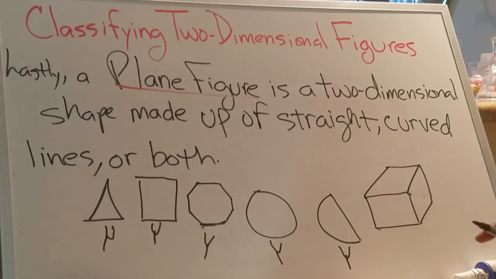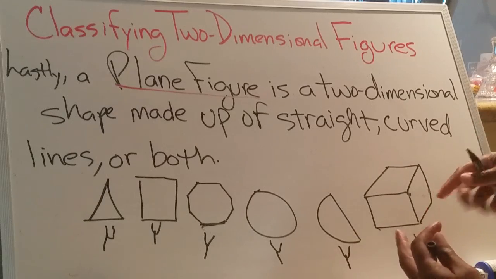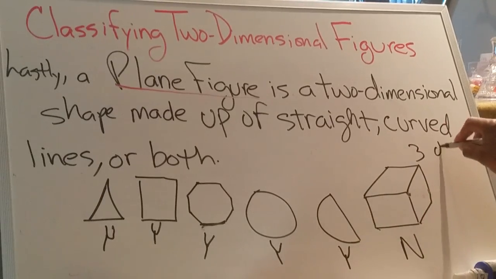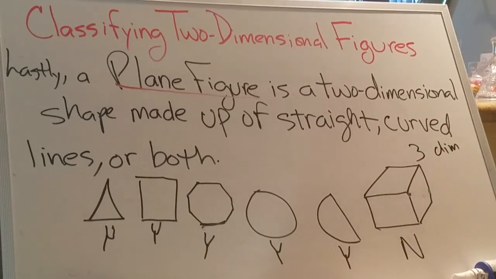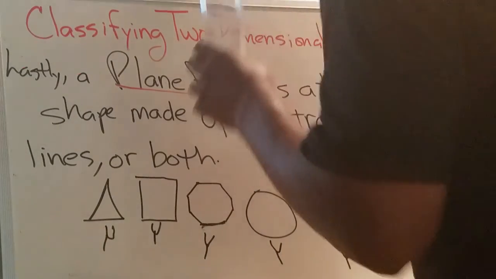Yell it out, is a cube a plane figure? No, it is not, because this is a three-dimensional figure. It's three-dimensional. And that being the case, that means it can hold something inside. And that's exactly what we'll be going over next week.